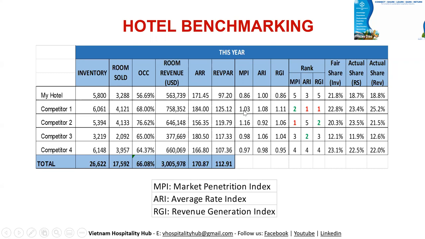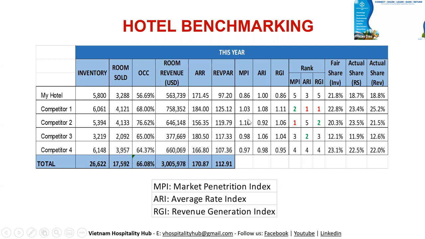Okay, so usually 1 is fair. If you equal 1, that means it's just fair. That means you win the occupancy almost the same as the average. Like 68, this is 66 something, so a little bit higher. Or in this case, a little bit lower.